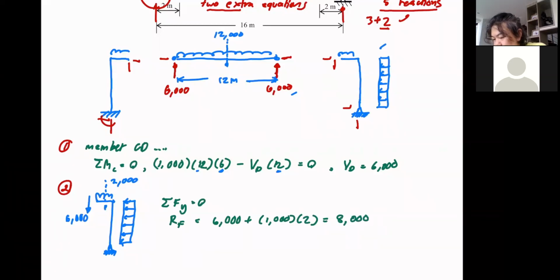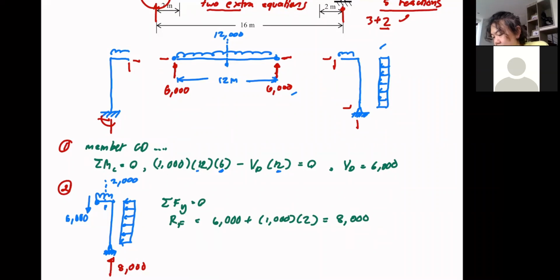Okay. So now we know that's 8,000. So that's the vertical forces taken care of. And the fact that you know that this is a hinge, this location, which is D, right?